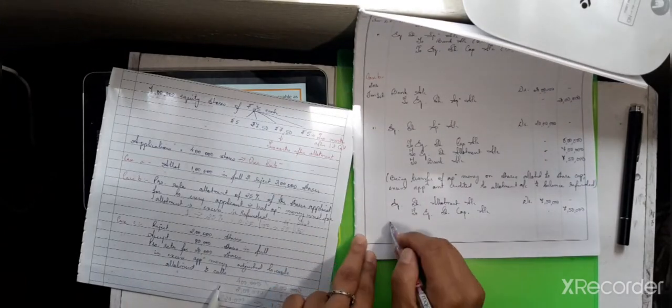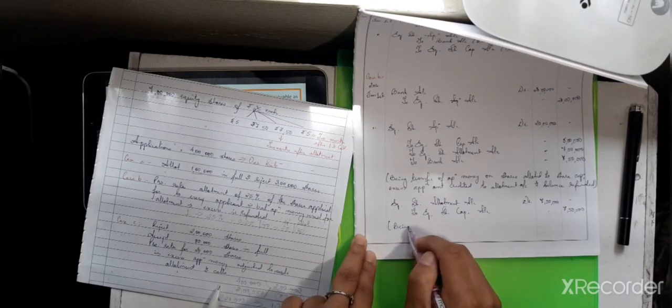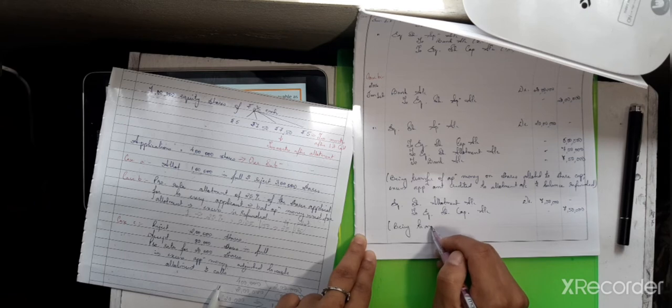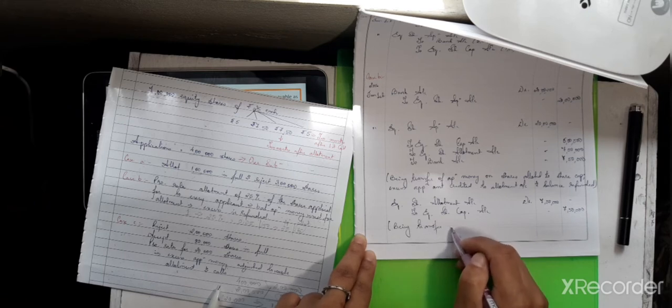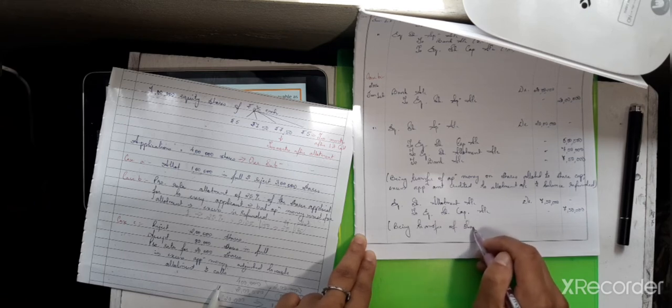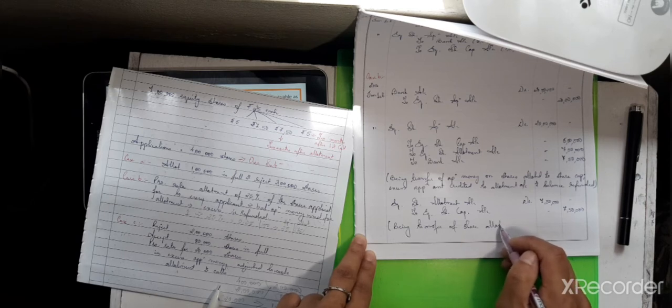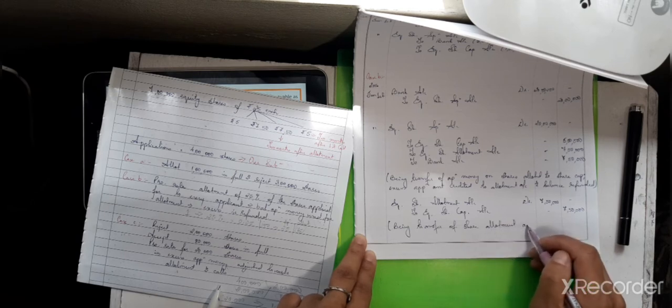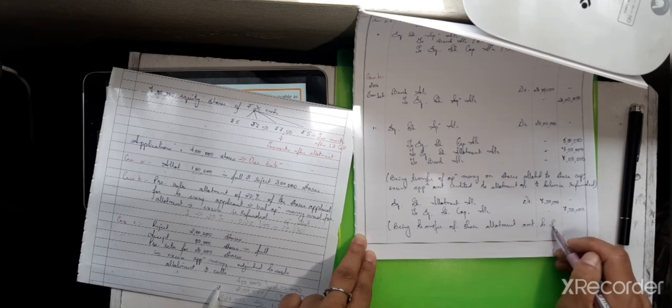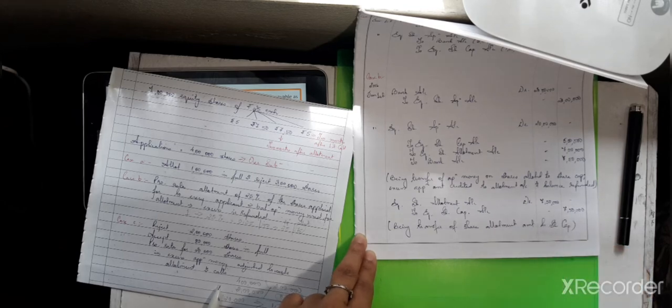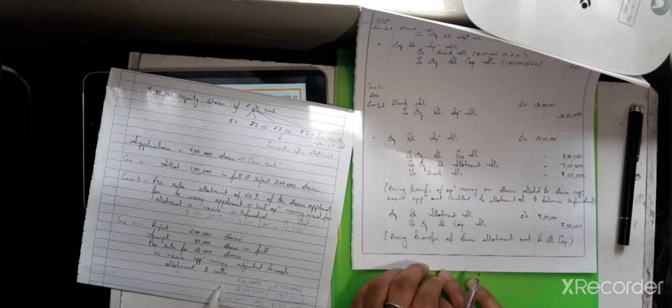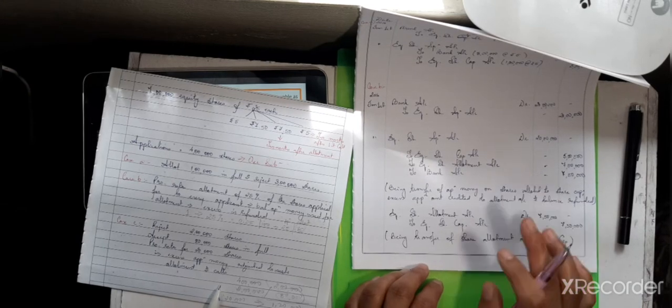Okay, so for this entry, your narration you can write being transfer of share allotment amount to share capital.